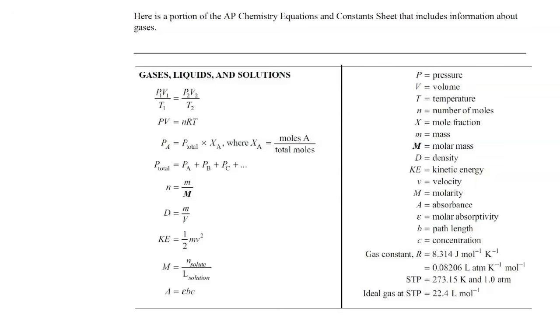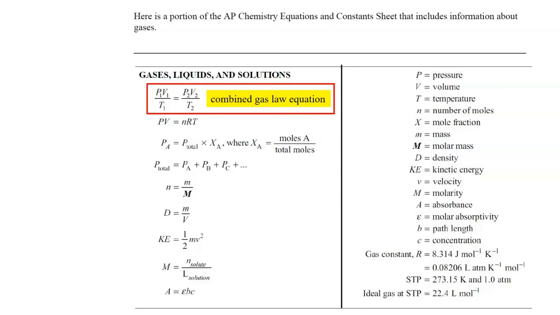Here is a portion of the AP Chemistry equations and constant sheet that includes information about gases. So I'd like to highlight selected equations on this equation sheet. The first equation is known as the combined gas law equation, and it relates the variables P, V, and T, which are pressure, volume, and the absolute temperature.